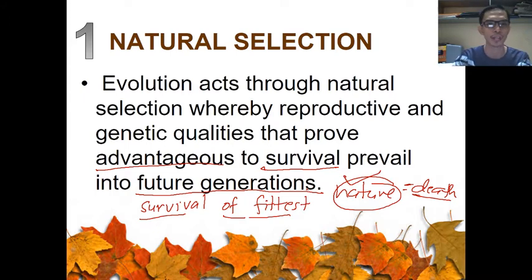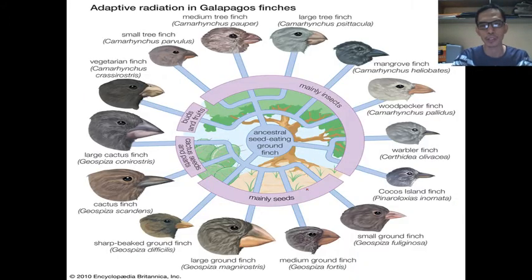Next one. In this case, natural selection happened when Darwin observed the Galapagos finches. He had an idea that those finches came from one ancestor, and then when the environment changed, the ancestral finch began to switch their food eating habits so that they would be able to survive.